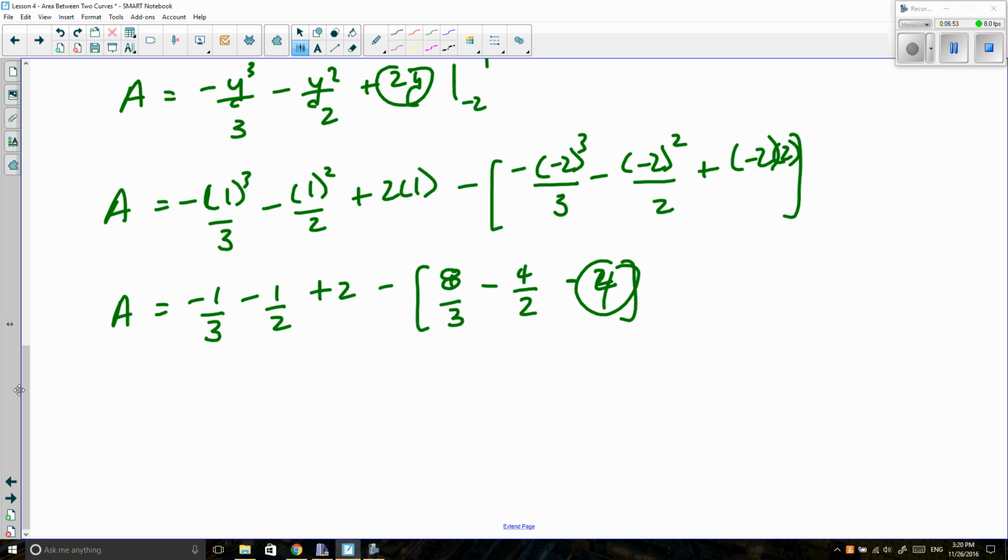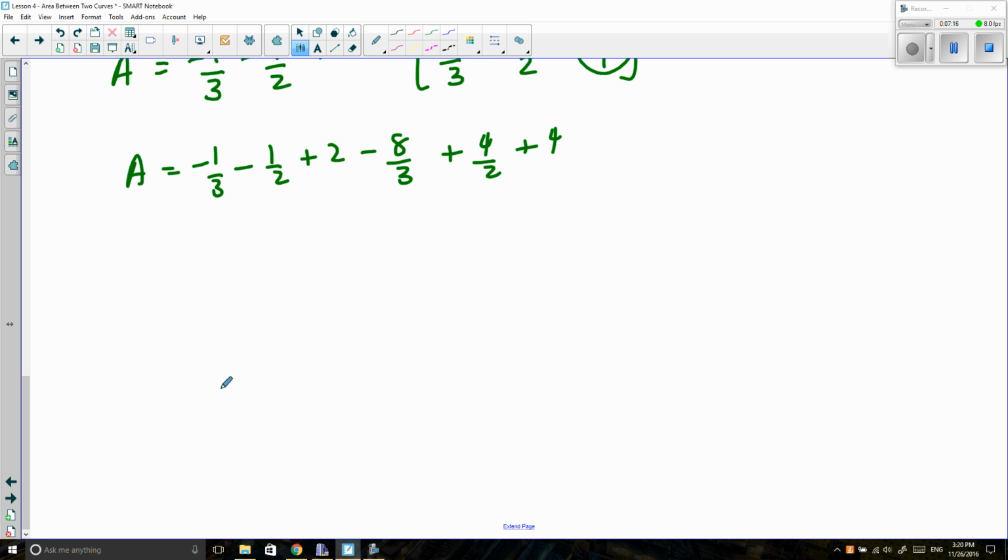We're just going to go ahead and bring what we can together. So first of all, I'm going to get rid of these square brackets. So when I do that, I get negative 1 over 3 minus 1/2 plus 2, and then I get negative 8 over 3 plus 4 over 2, and then plus positive 4. So I just changed all the signs there.